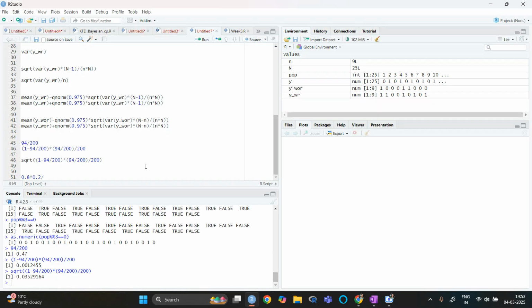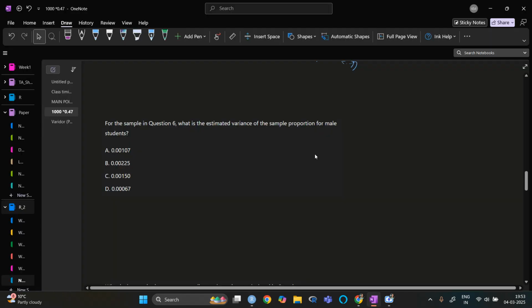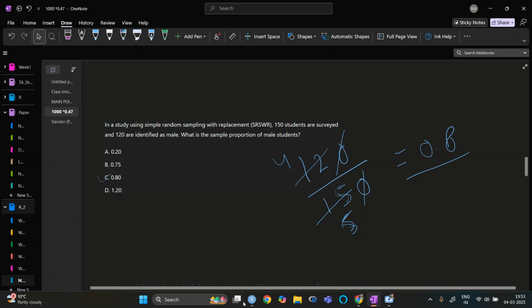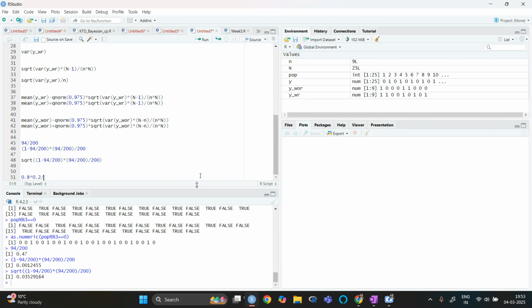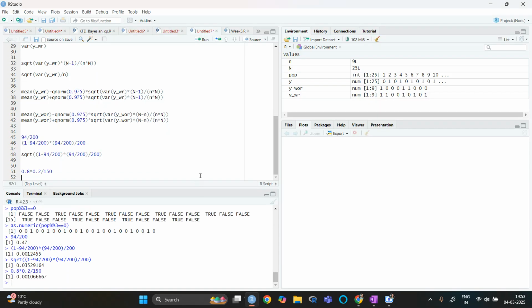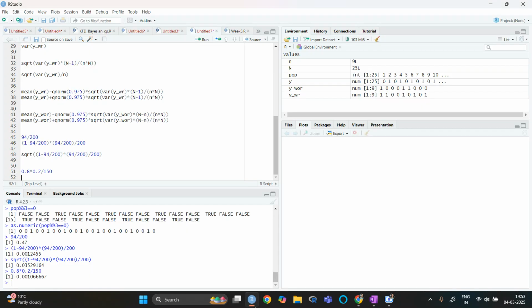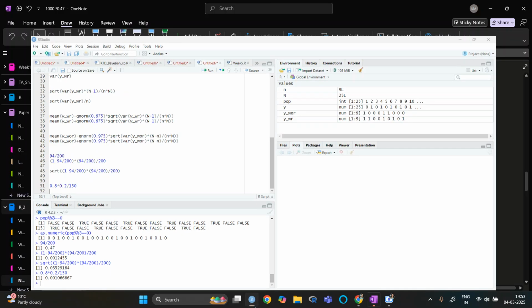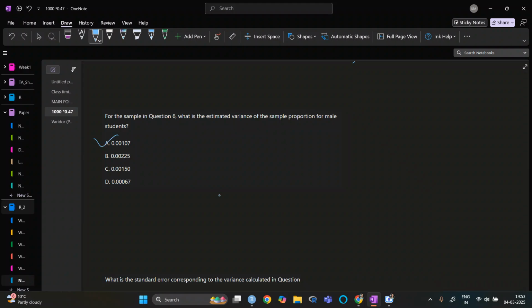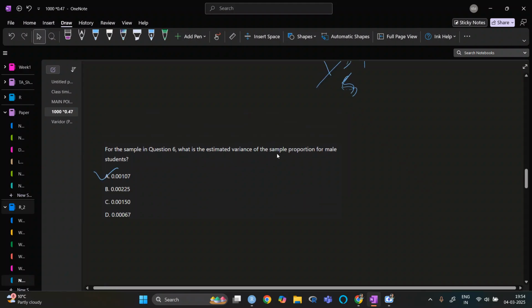And the total population we have here is 150. So it is 0.00107. This one is the estimated variance.